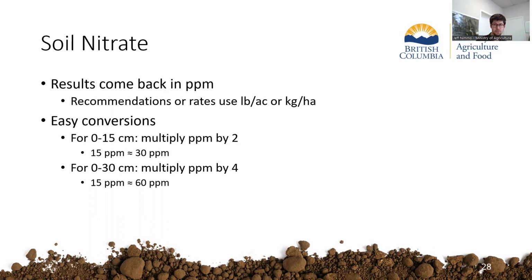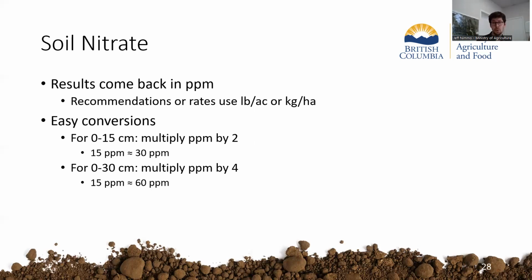Usually what's done is that's quantified out into pounds per acre or kilograms per hectare, and that's something that's assumed to be available for crop production if the soil sample was taken at the right time. So be cautious of assuming that what was present in the soil when you sampled will hang around for when the plants actually need it. So just consider when the soil sample was taken.